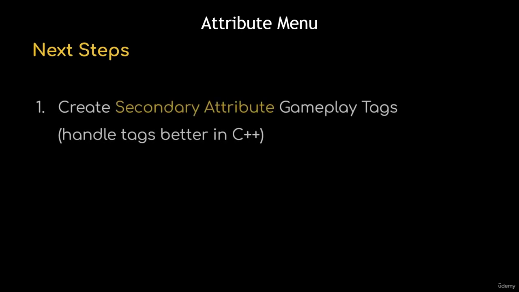So this means we have a few next steps for our attribute menu. First, we need to create our secondary attribute gameplay tags, and we want a way to handle tags better in C++, rather than calling RequestGameplayTag all over the place. We want some kind of centralized source of gameplay tag variables on the C++ side.